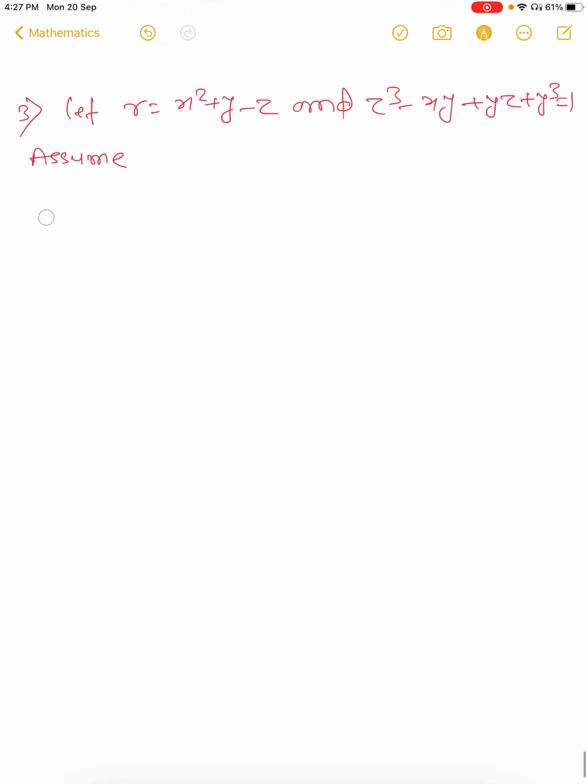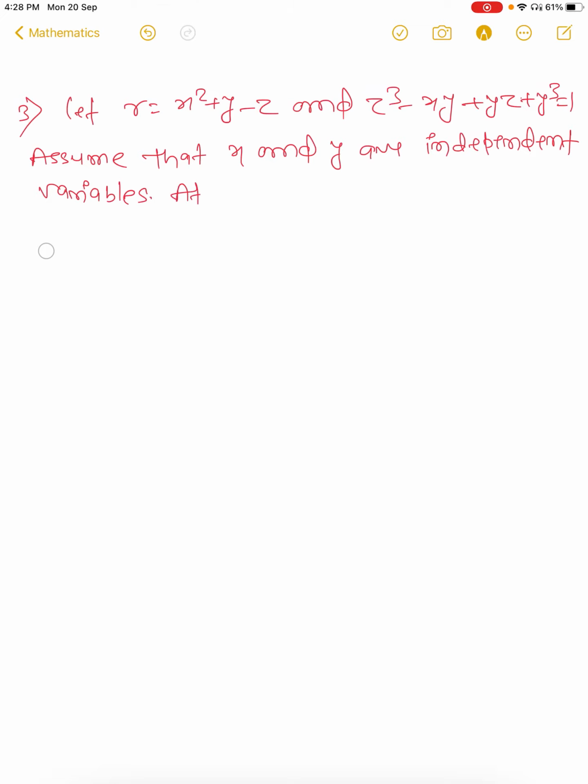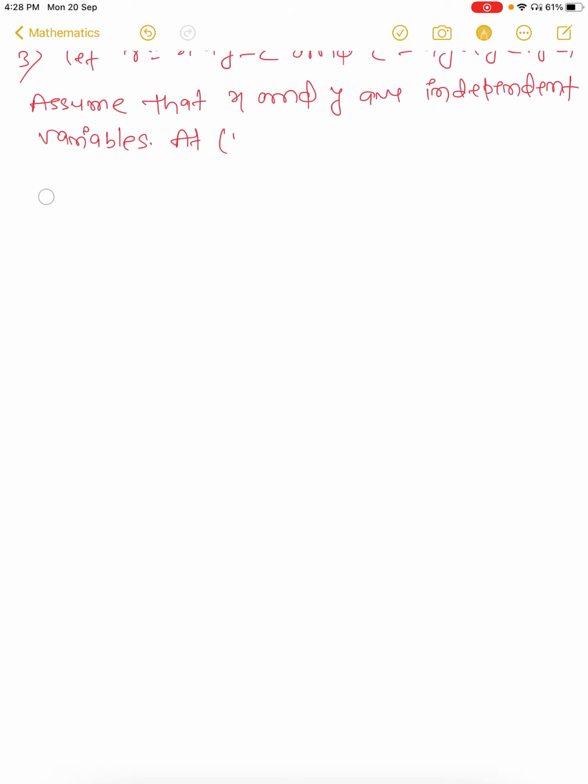Assume that x and y are independent variables at (x, y, z) equal to (2, minus 1, 1).